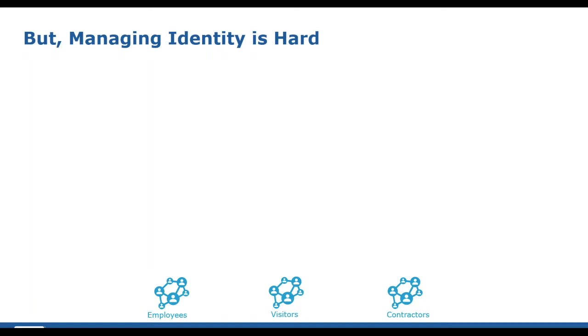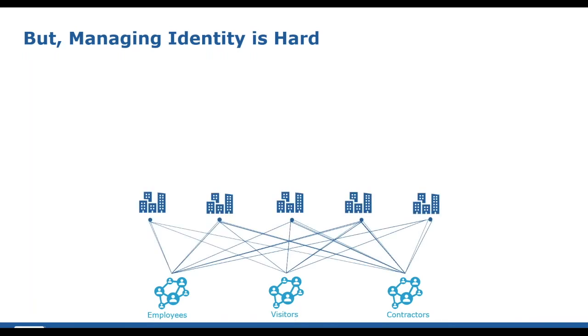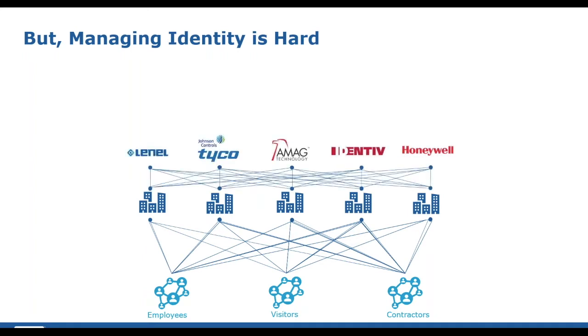If you think about it, we've got three different groups of people that we typically have to manage identities for, that we need to access our buildings: our workforce, our employees, our visitors, and our partners, our contractors. All of these groups of people require access to different buildings at different times.